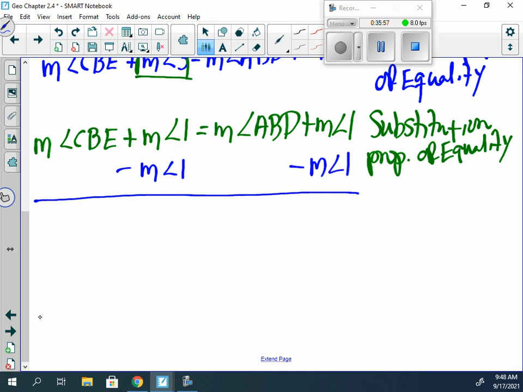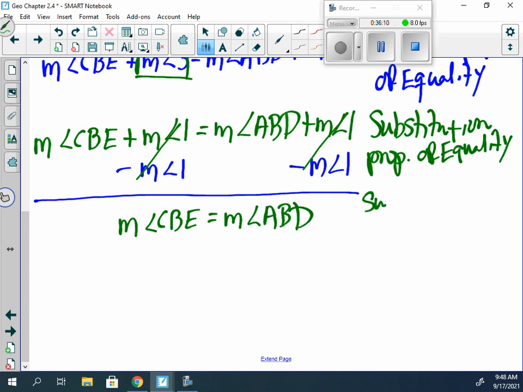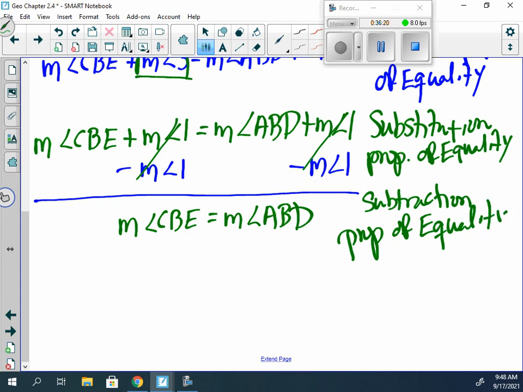We can subtract angle 1 from both sides, giving us that the measure of angle CBE is equal to the measure of angle ABD by our subtraction property of equality. Now we're going to go more in depth when we actually go about solving these.